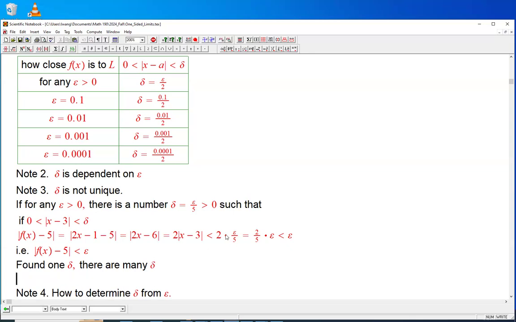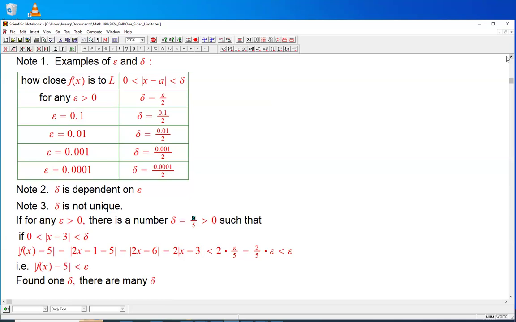For this reason, you can choose, for example, delta equal to a third of epsilon. That will also work, right? So number 1, number 2, number 3. Number 1, you can see the examples of epsilon. This just shows how arbitrary epsilon can be. We use epsilon to describe that we want the output of the function to be as close as possible to the limit.